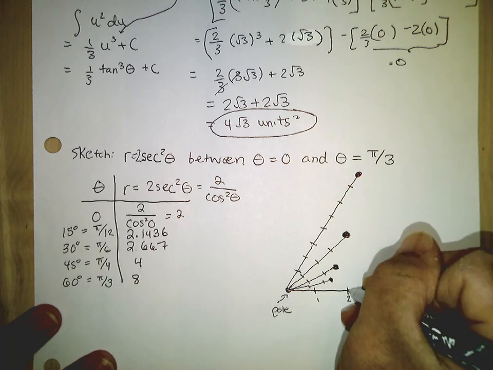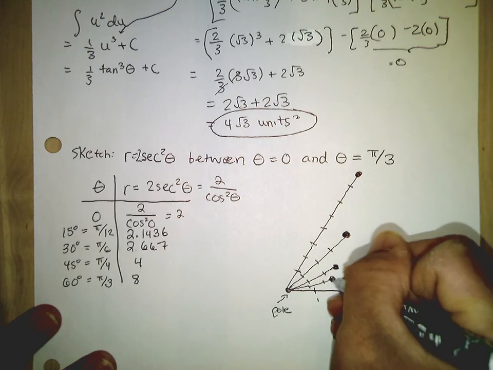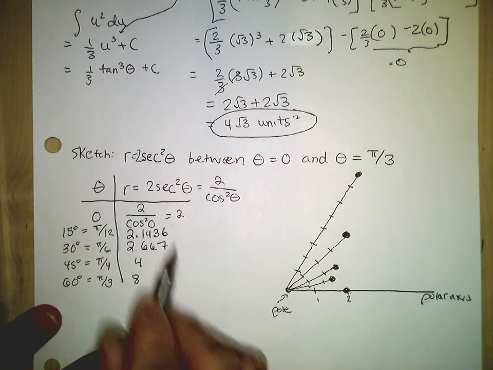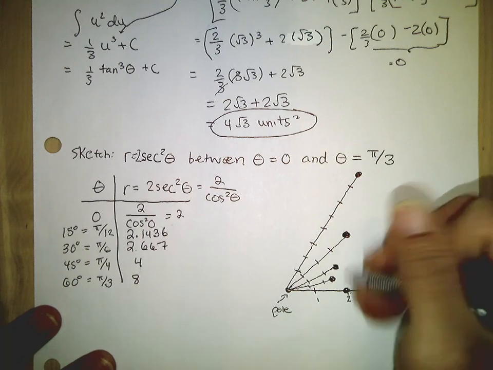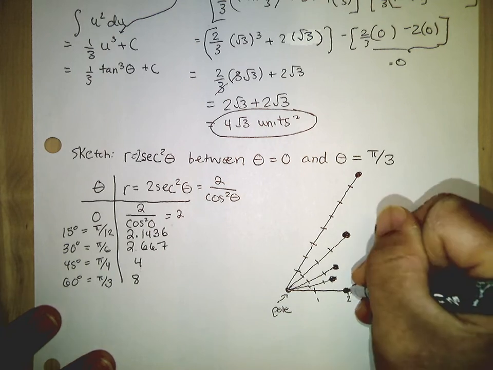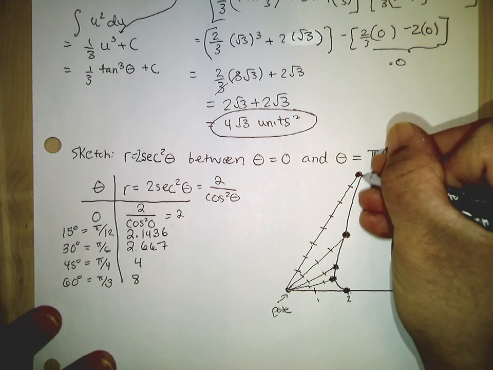And then we see that at 2, on the polar axis, we have a point. So this actually, if I draw it with any accuracy at all, will look like this.